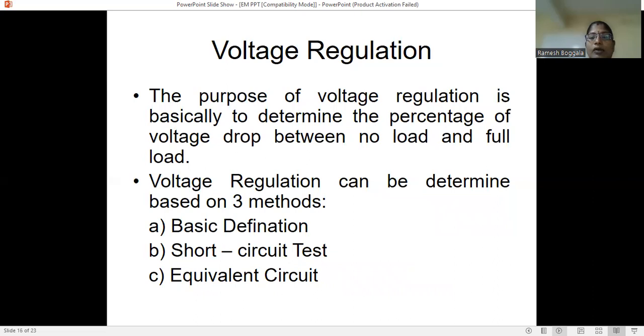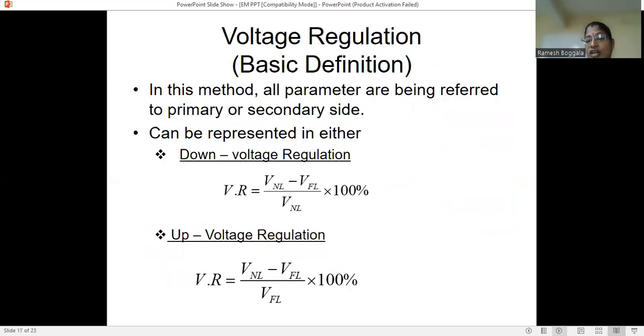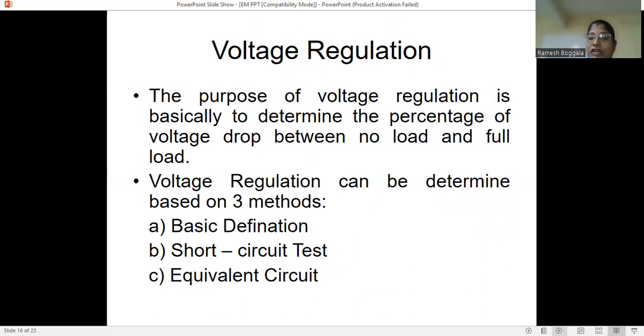So what is meant by voltage regulation? The purpose of voltage regulation is basically to determine the percentage of voltage drop between no load and full load. So voltage regulation can be determined based on 3 methods: basic definition, short circuit test, and equivalent circuit.